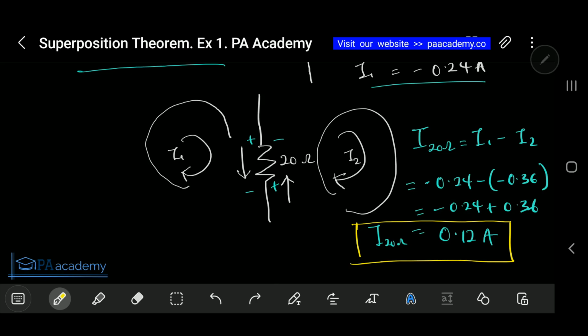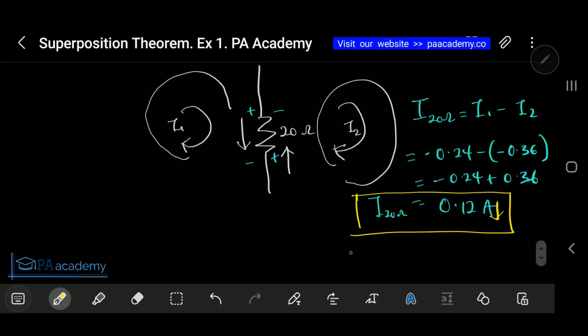And don't forget I1 is in this direction. Exactly. So you need to take note of that. So let me write it properly. That means the current through the 20 ohm resistor is 0.12 amperes towards this direction. Exactly. Because this is our I1. You can see our I1, the direction is downward. So you need to take note of it because this will also help you in getting your final answer.